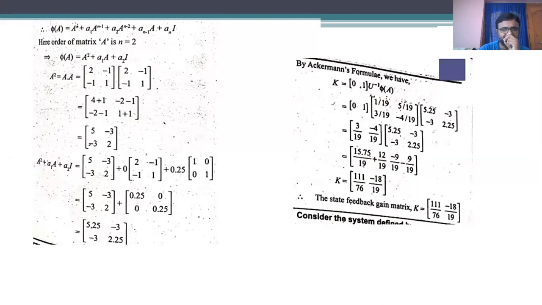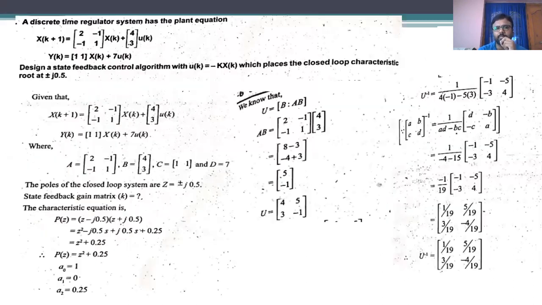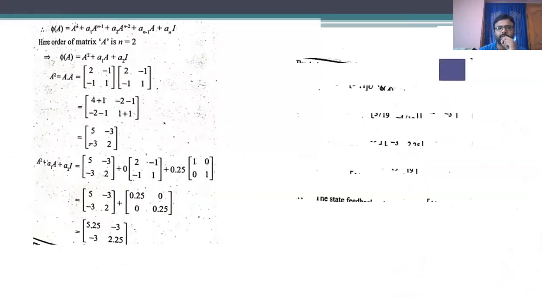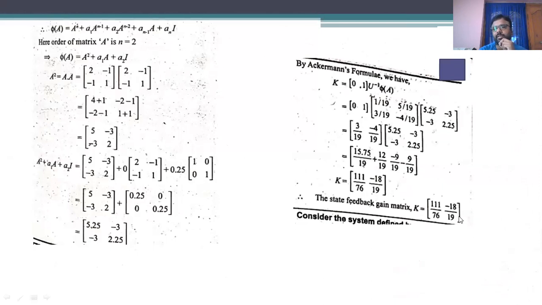111 divided by 76 is one element, and minus 18 divided by 19 is another element in the state feedback gain matrix. That means, based upon the order of the matrix A, we obtain the elements of the matrix K. If the order of the matrix is 2, only 2 elements are obtained in the state feedback gain matrix.